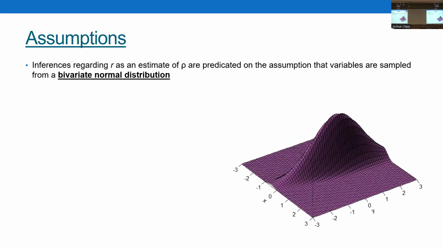Most of this involves the assumption that the variables I've sampled form a bivariate normal distribution. If I'm thinking about a bivariate normal distribution of X and Y, I have to think about three-dimensional space.